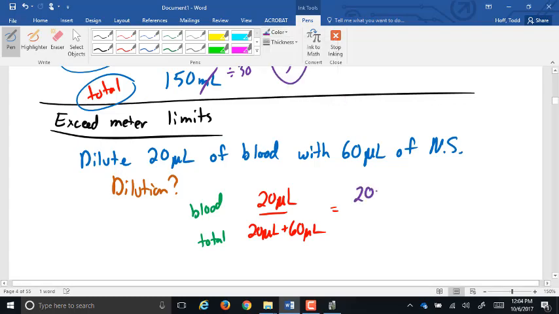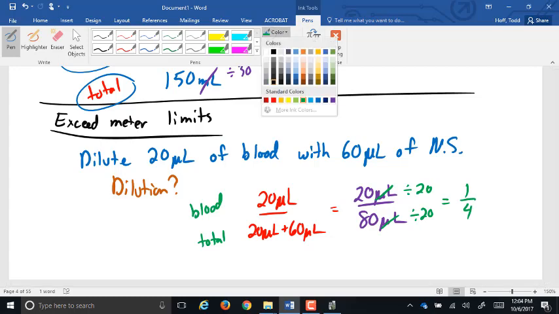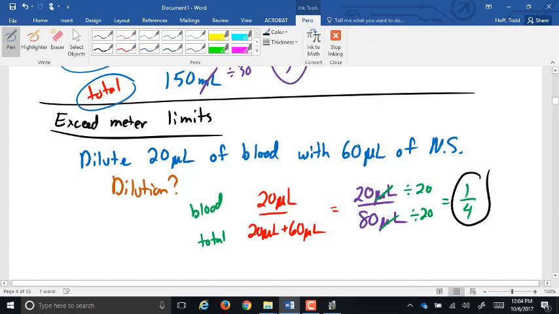So yes, 20 microliters over 80 microliters. Microliters cancel out. 20 and 80 will both divide by 20, gives me 1 to 4. This is a 1 in 4 dilution. This is the reason why we do dilutions this way, or one of the reasons why we do it as serum over total, because now we can use that dilution ratio to adjust our reading.